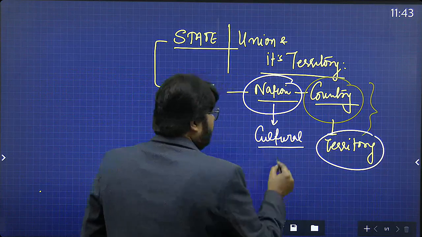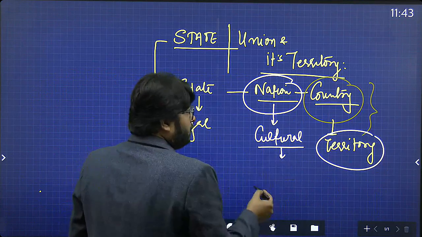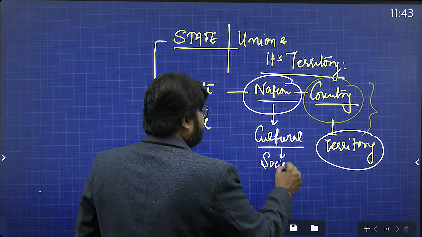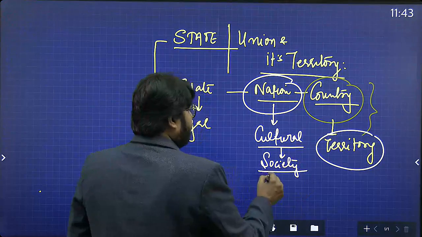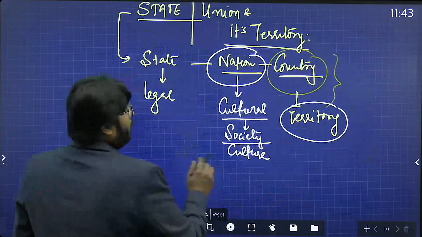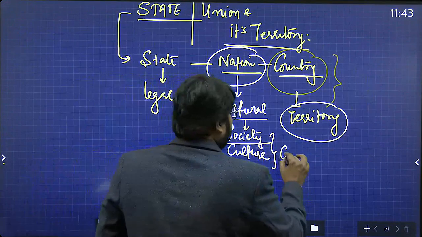Every nation, every society is different, so the word nation is mostly influenced by the idea of society or culture, or civilization.